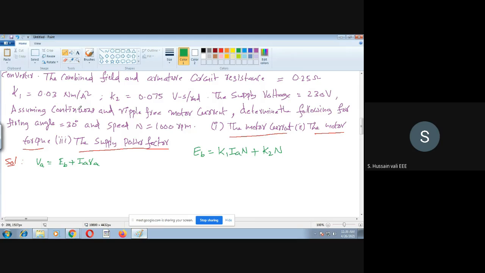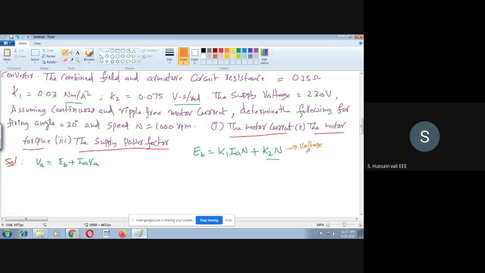But you must understand, without any confusion, whether both K1 K2s are the same or there is a difference. It's good practice to check the unit here. K2 into N is the voltage, so voltage is equal to K2 into N.